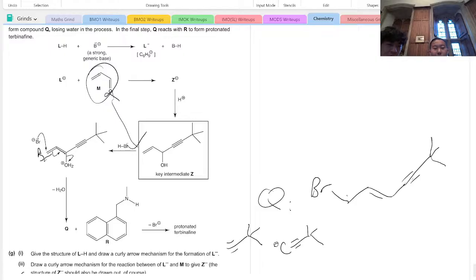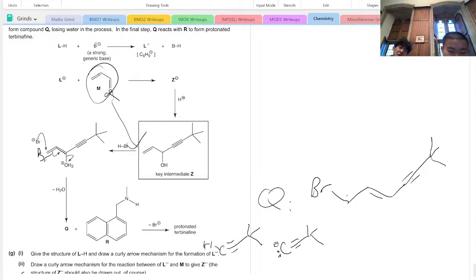But with H plus, there's gonna be a double bond on the carbon. Double? You mean lone pair? Lone pair.